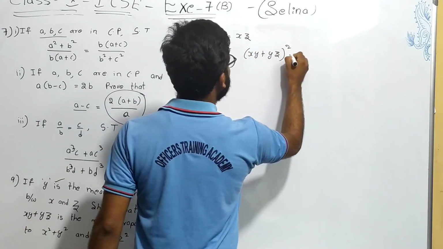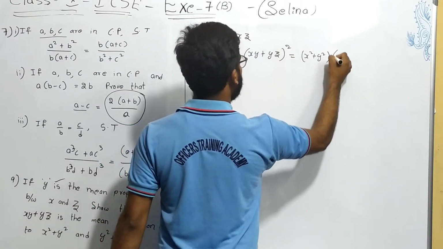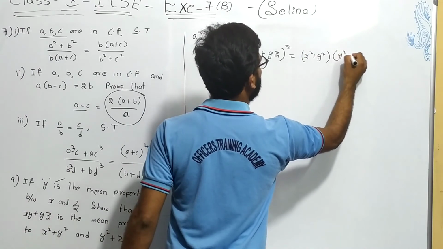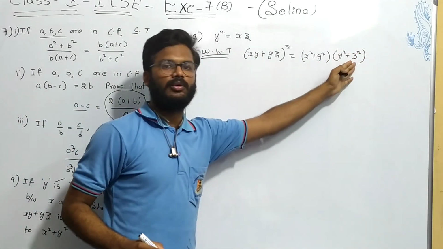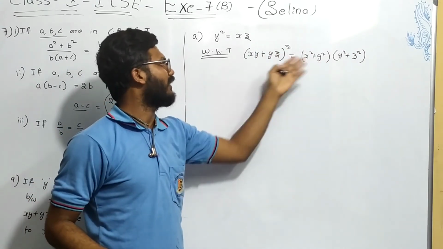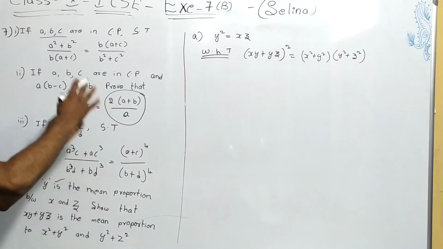Nothing but this square is equal to x square plus y square into y square plus z square. Why? Because if b is the mean between a and c, we will get b square is equal to ac, right? So middle term square is the product of the other two. So we have to prove that.